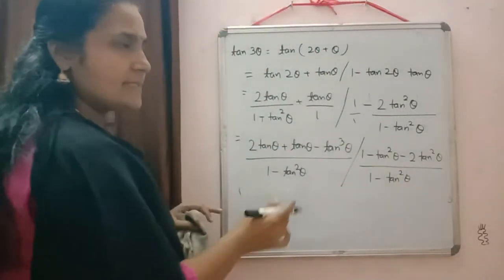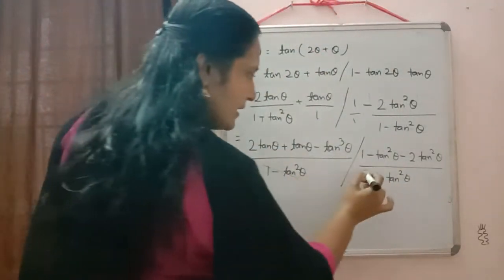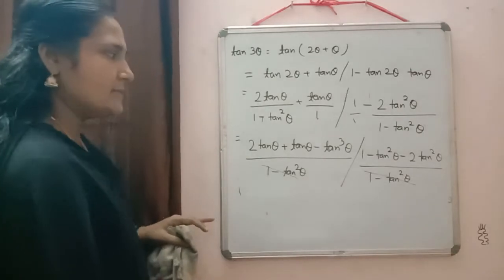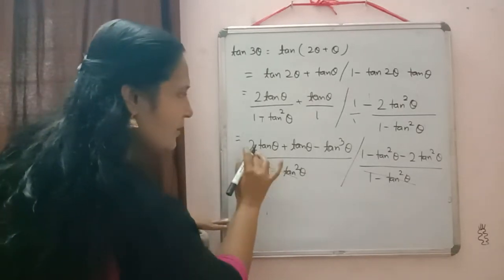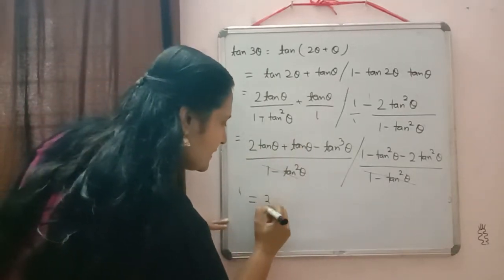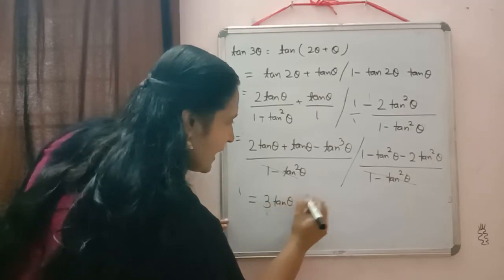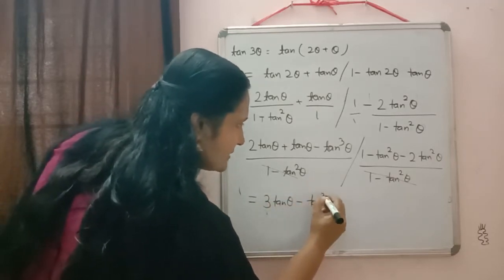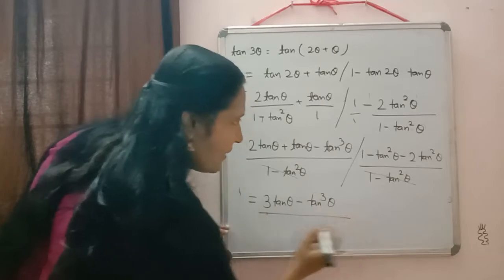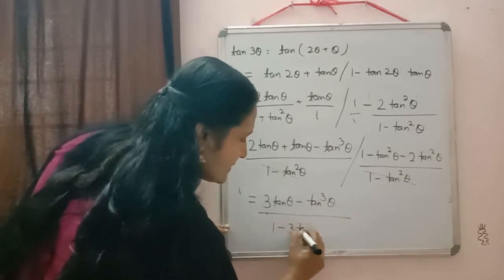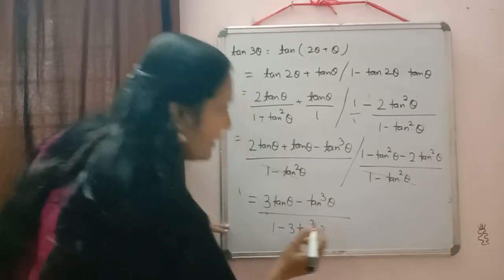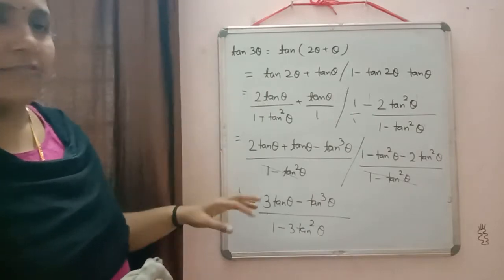When we change the division into multiplication, these two terms will get cancelled, and what remains is 2 tan theta plus tan theta, which is 3 tan theta minus tan cube theta by 1 minus 3 tan square theta. So these are the formulas.